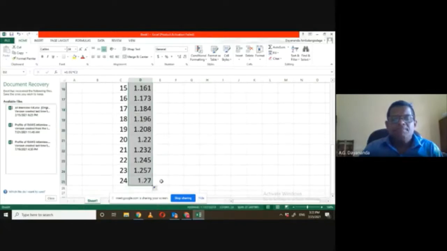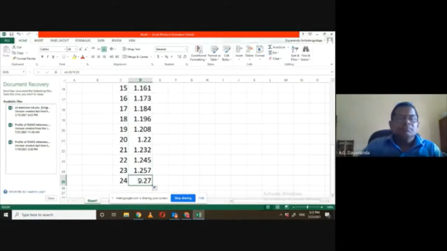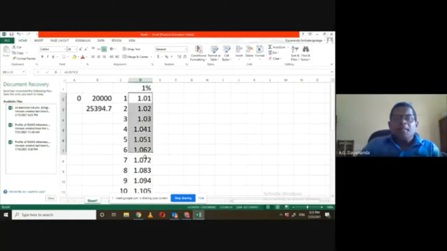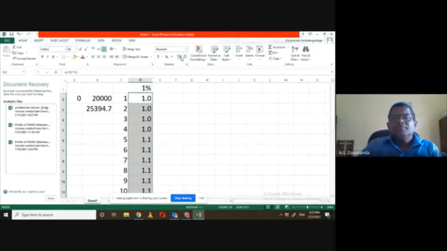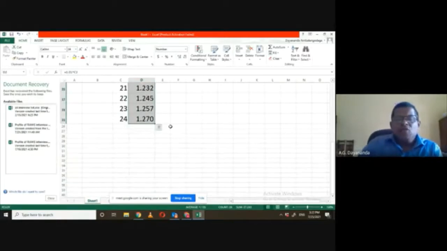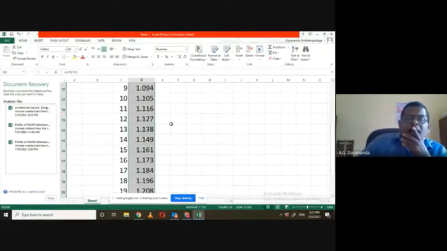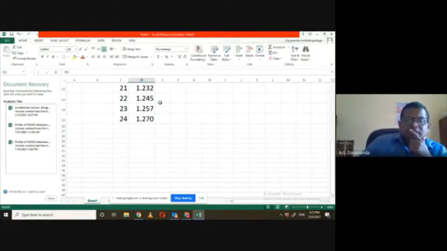Okay. Is it clear? So this is the idea. If you make it decimal, if you have developed your table and you read the 1% column and 24 row, your cell would be 1.27.